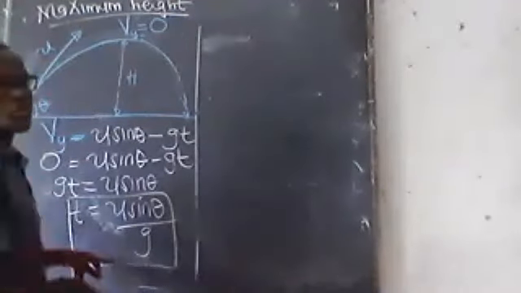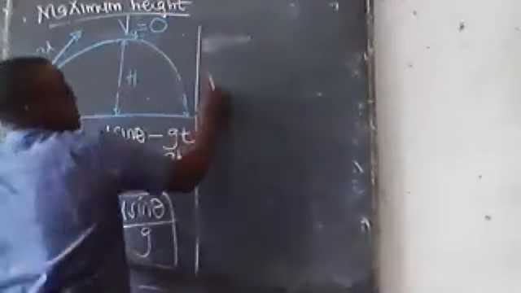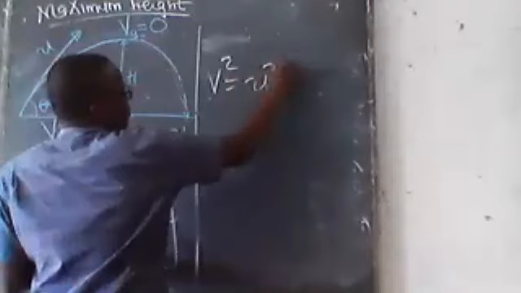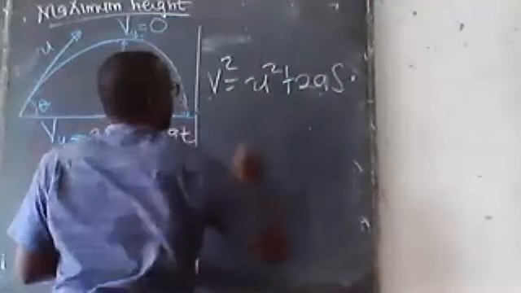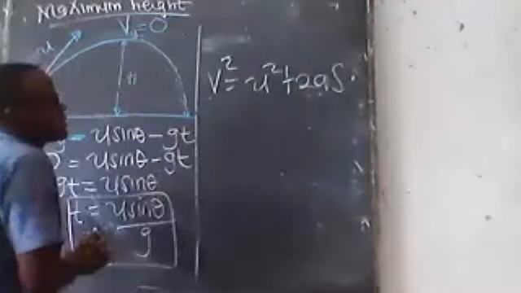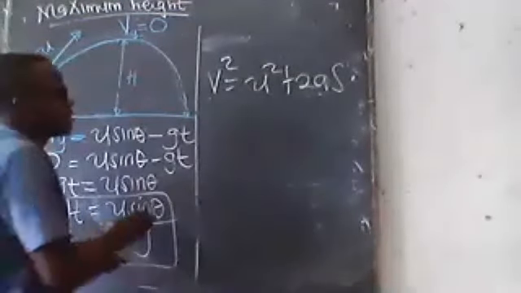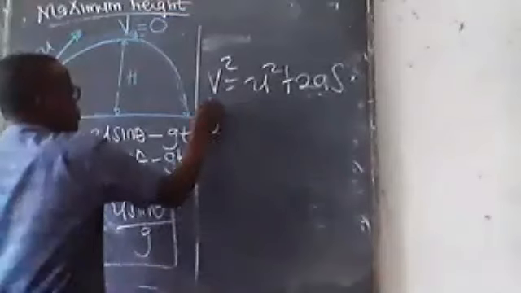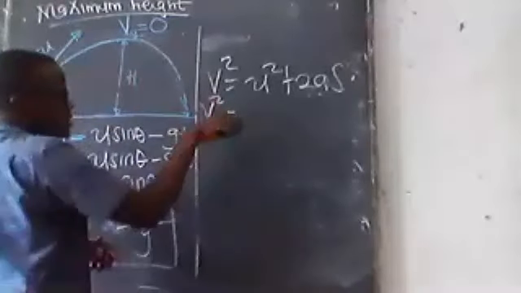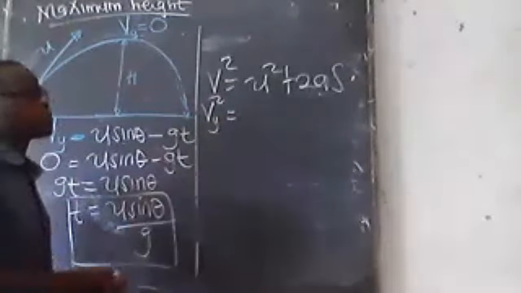For the maximum height itself, we can use v squared equals u squared plus 2as. That's our general equation, the third equation of motion. Now we put this equation into our projectile motion.